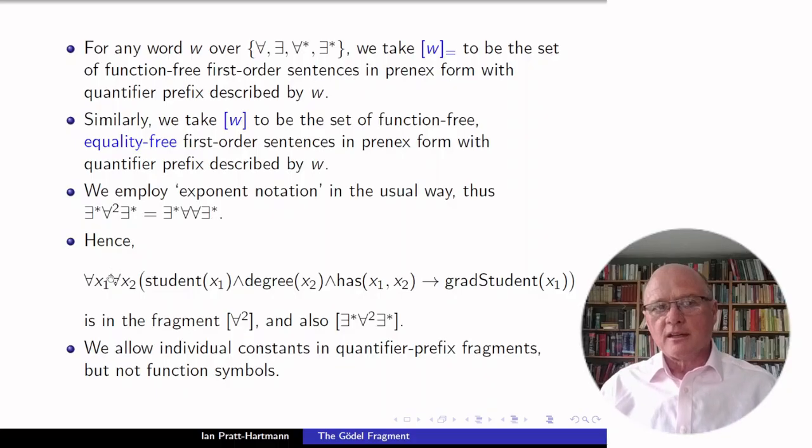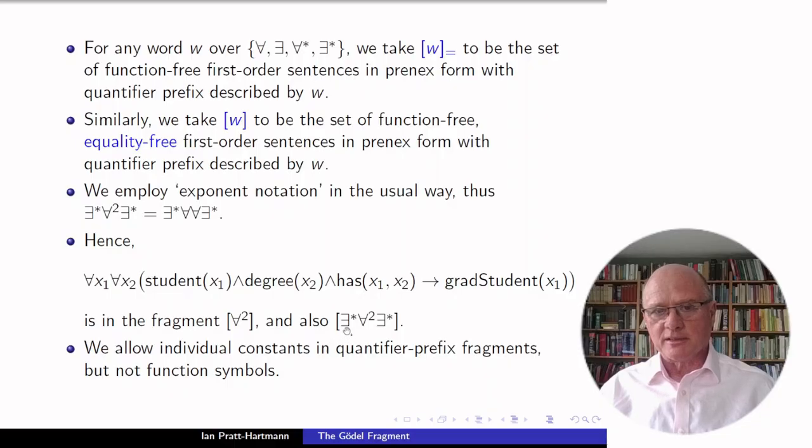So, the example formula we started with, the sentence for all x1, for all x2, and then this quantifier-free part here, is in the fragment [∀²], because we have exactly two universal quantifiers.